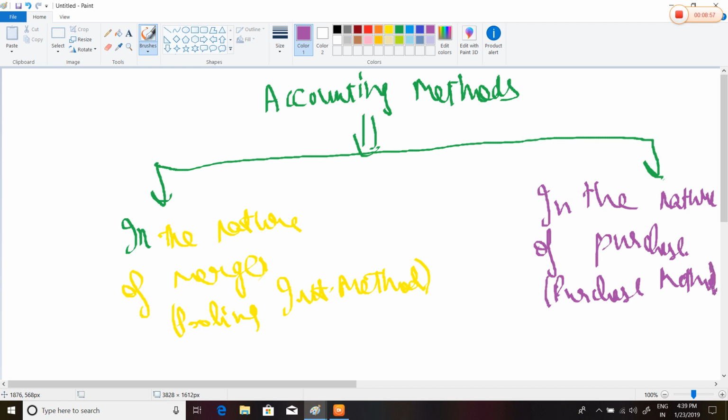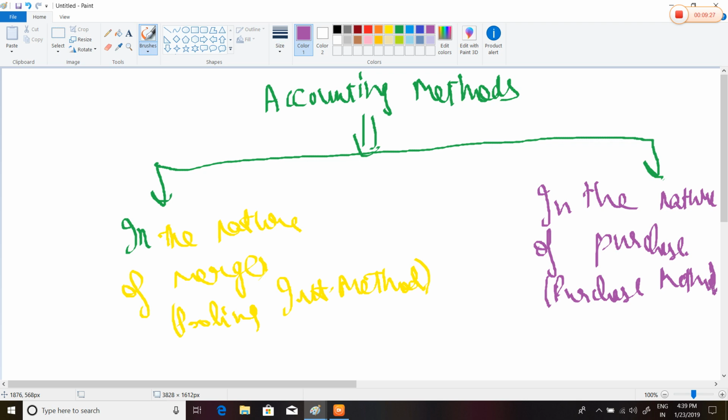Now, what is the purchasing company? As per AS 14, the purchasing company will not take over the share capital, reserves and surplus, and miscellaneous expenditures of the vendor company. It means that the purchasing company will take over the assets and liabilities of the vendor company under the scheme of amalgamation.